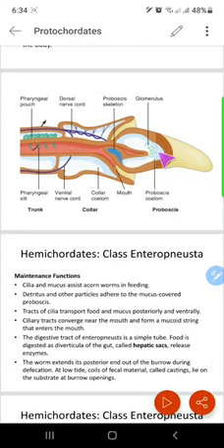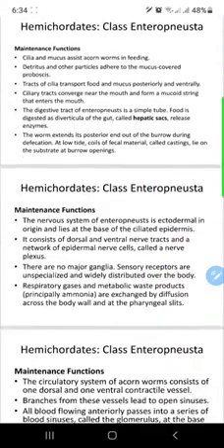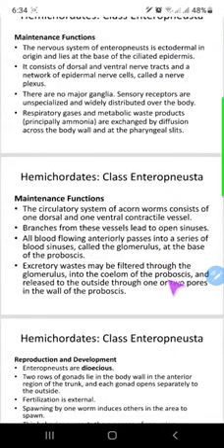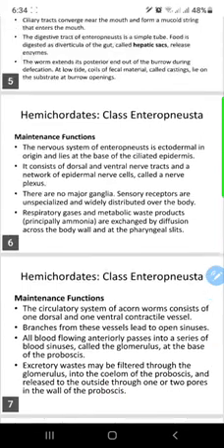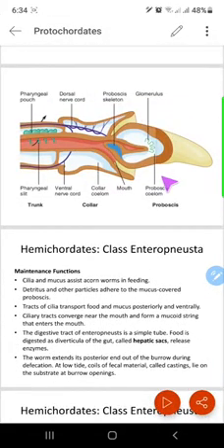All the blood passes through this glomerulus. Excretory waste may be filtered through the glomerulus into the coelom of the proboscis and released to the outside through one or two pores in the walls of the proboscis. From there, the waste products are also removed, besides the pharyngeal slits.